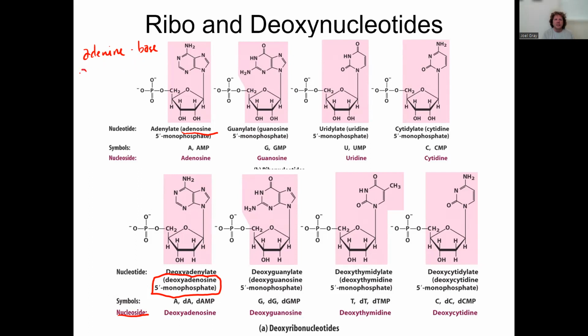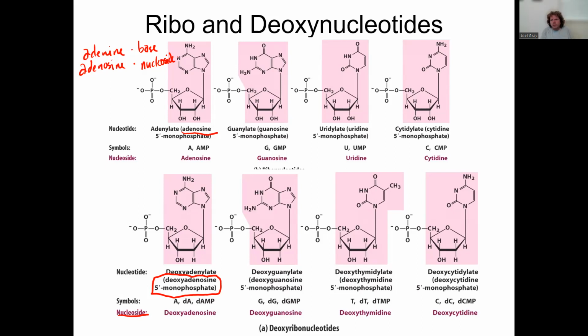So adenosine is the nucleoside. It's almost implied, almost a habit, that when we're talking about a nucleoside or a nucleotide, our sugar is either going to be ribose or deoxyribose. I think that's a very productive way to look at this information and to get the most out of it and be efficient with it.